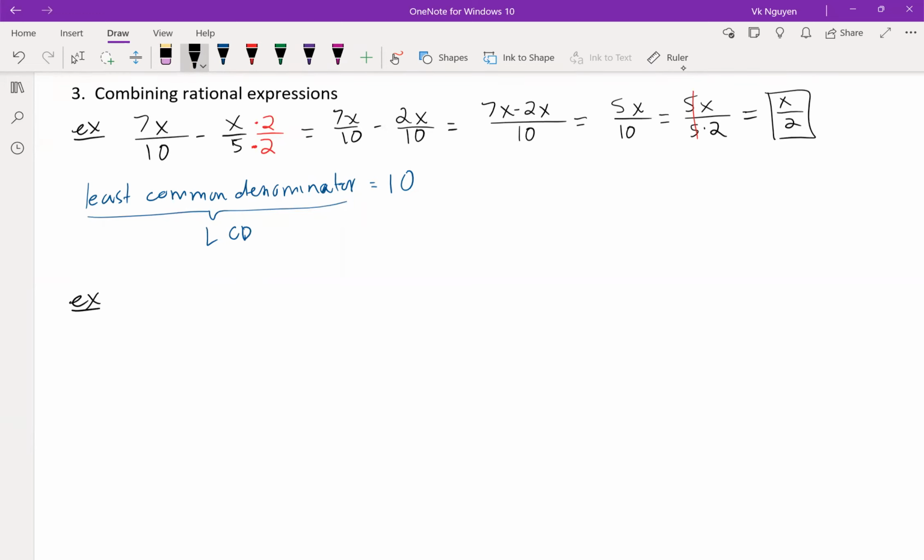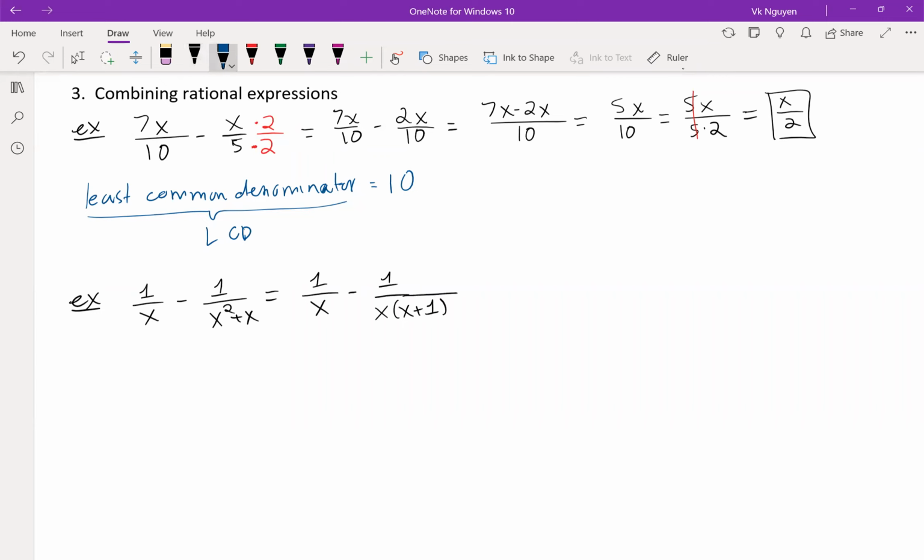Here comes another example. 1 over x minus 1 over x squared plus x. To do this one, we have to factor. You can factor the x in the second denominator, and get x times (x plus 1).